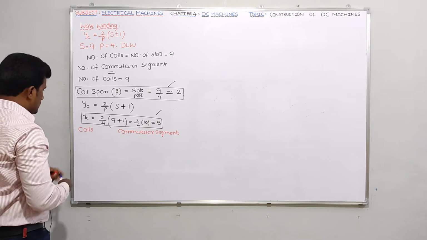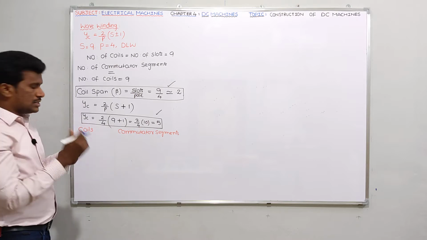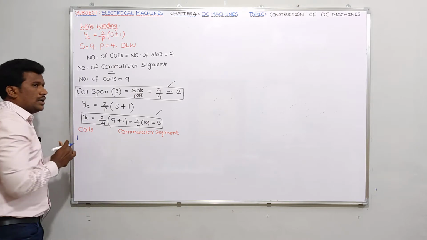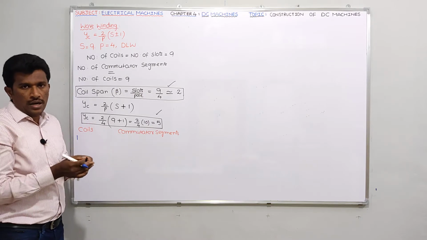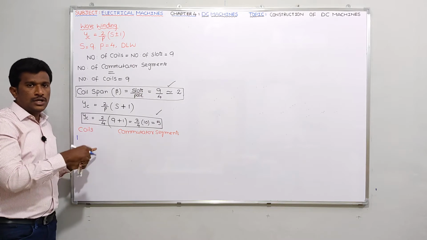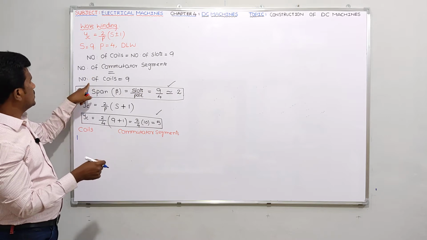Let us assume that winding is started from the first conductor, 1. I already told you that in a double layer winding, if it starts from the top conductor of slot number 1, it should go to, in this case, what is the coil span?